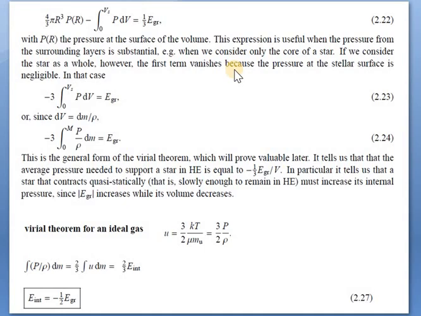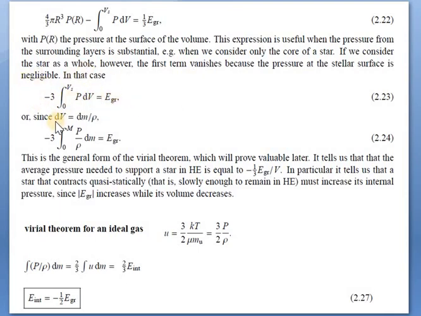Example, when we consider only the core of a star. If we consider the star as a whole, however, the first term vanishes because, why? Because the pressure at the stellar surface is negligible and we get this form.